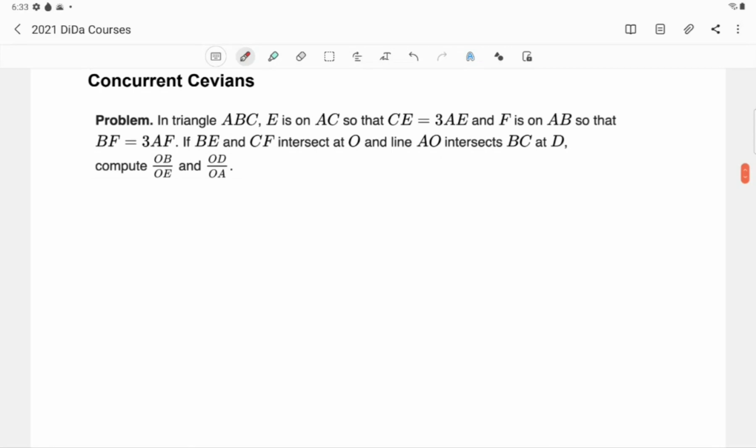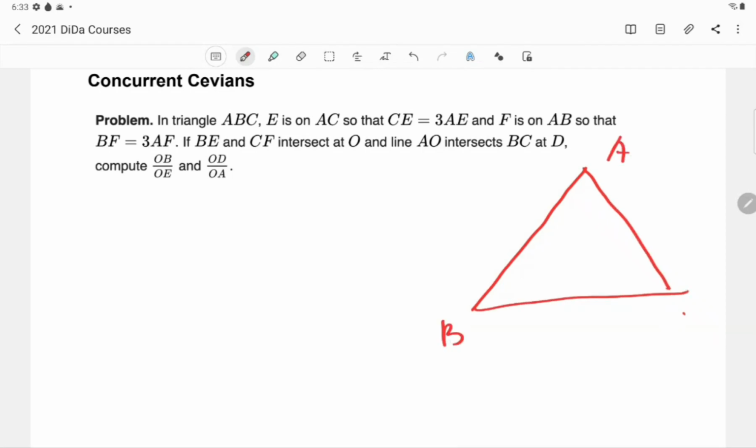Let me draw the diagram first. There is a triangle ABC. CE is 3 times AE. And CF is 3 times AF.